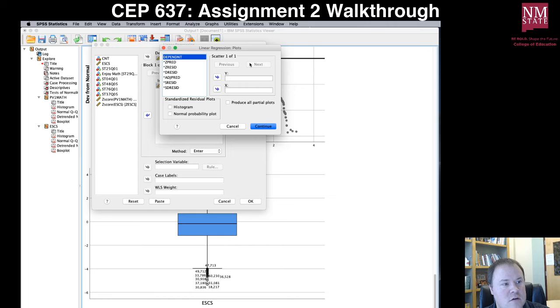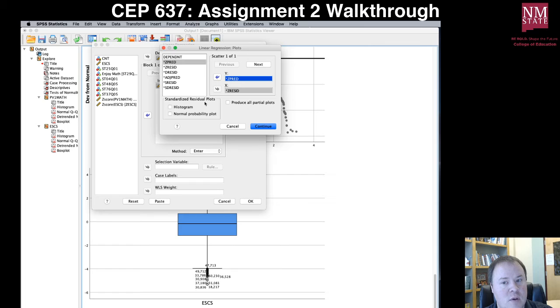Under plots, we want to examine the residuals against the predicted value or the dependent variable. So we're going to put the z-score of the residuals as x, the z of the predicted value, the z-score of the dependent variable, in this case PV1 math, as the y-axis.